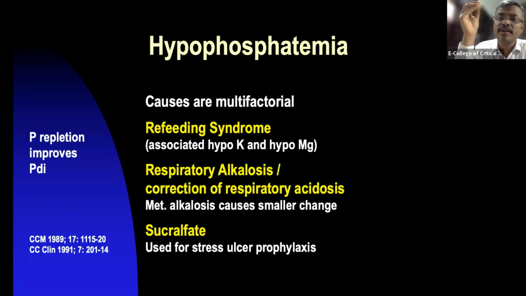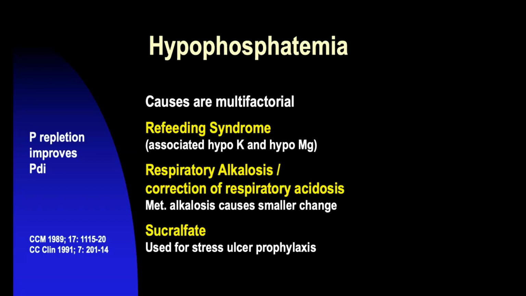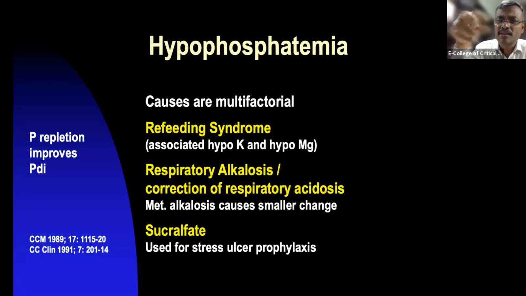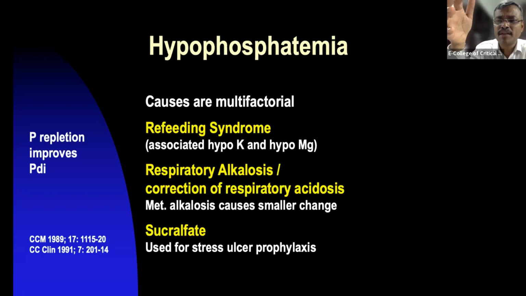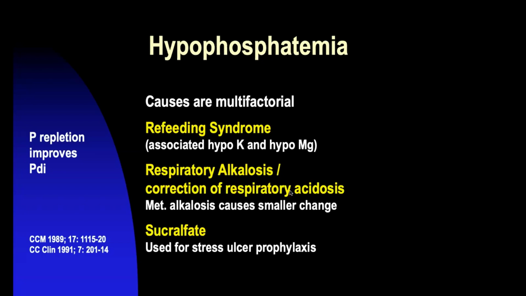This is called refeeding syndrome. When a patient is not fed, especially in some communities, they won't take food for a month, and then a critical illness comes, they are ventilated in ICU, intubated, and feeding is started, there is a sudden surge and variation.